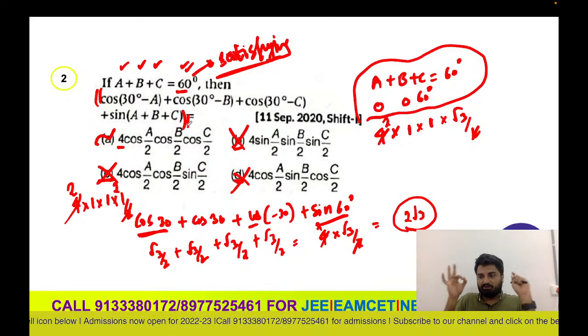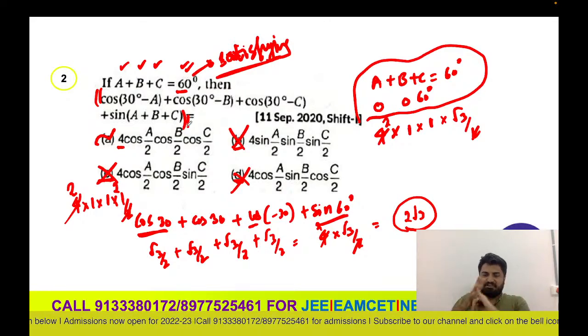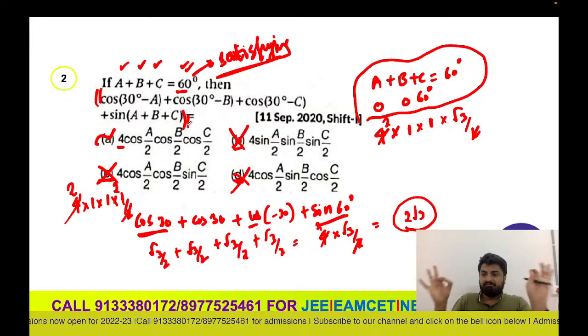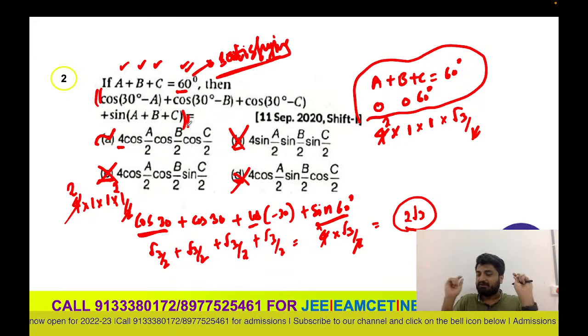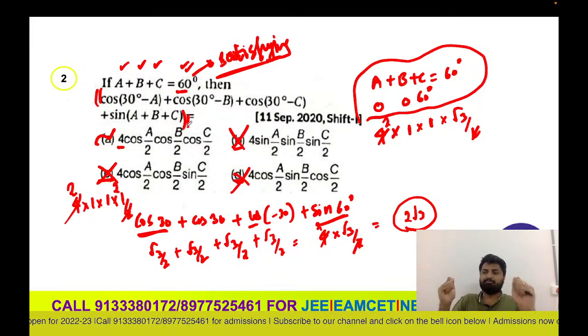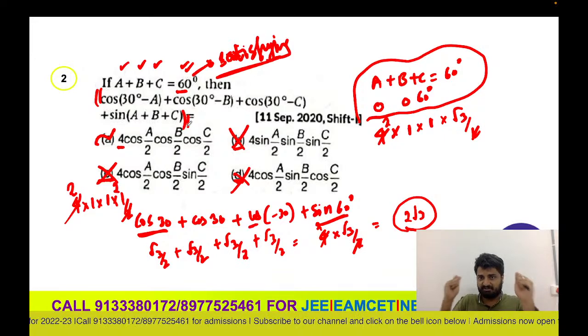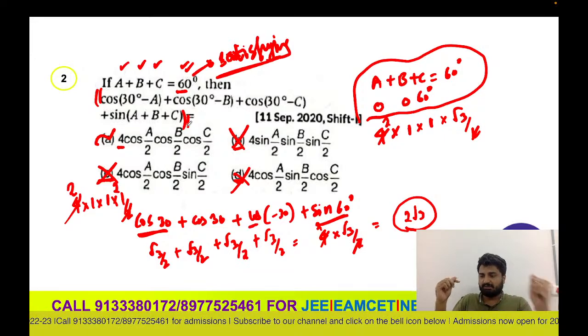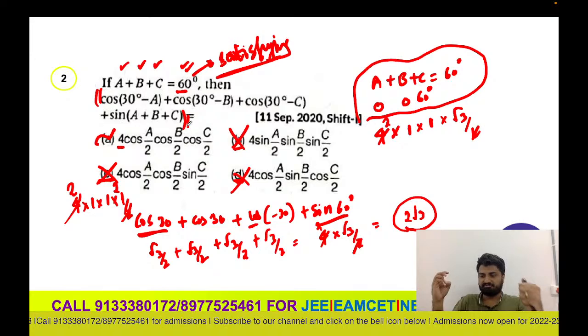That is why I told you the basic table of 0, 30, 45, 60, 90, 180, 270 and 360 values, you have to know them by heart. If you know that, you just have to be smart, assume the values which are satisfying the condition, substitute in the question and verify the options.